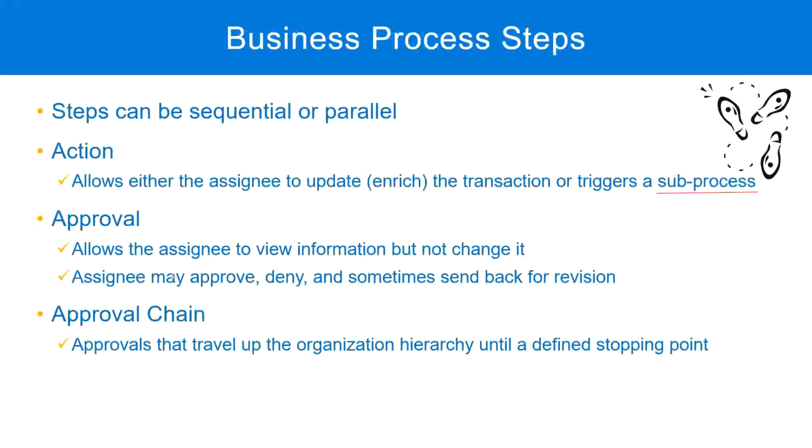The moment you have a deny, that means it is the end of the story, end of the process. The business process is complete. The status is marked as completed. The business process ends. There will be no further step in the business process.